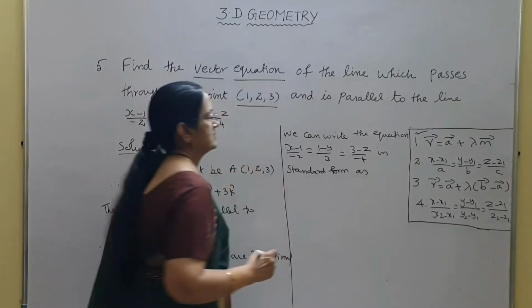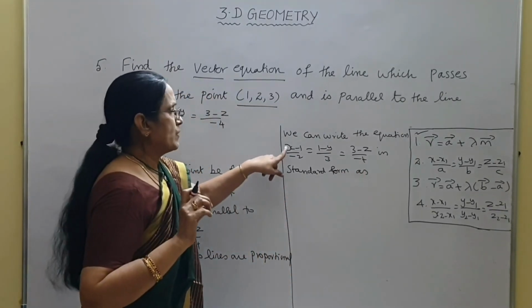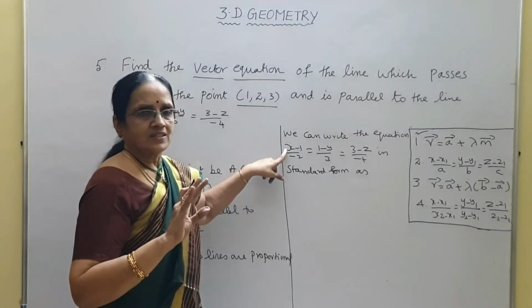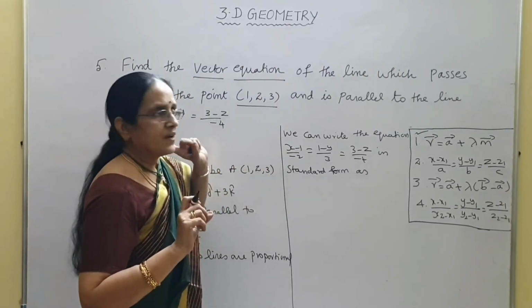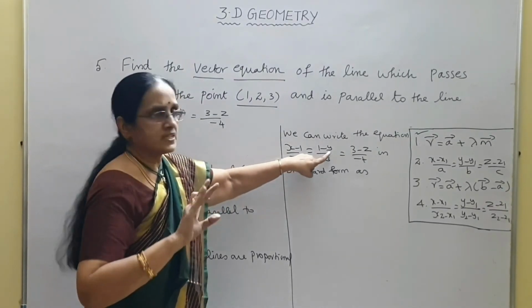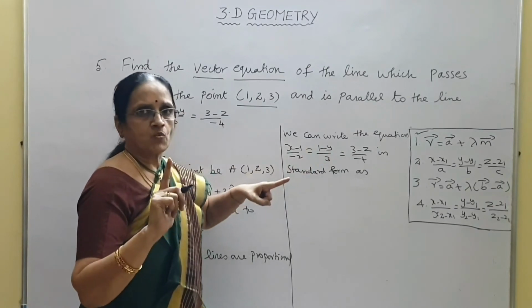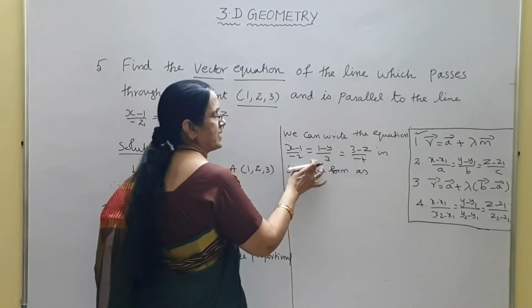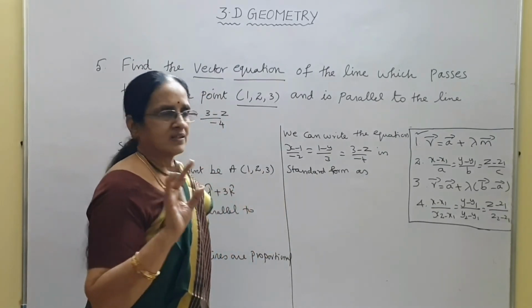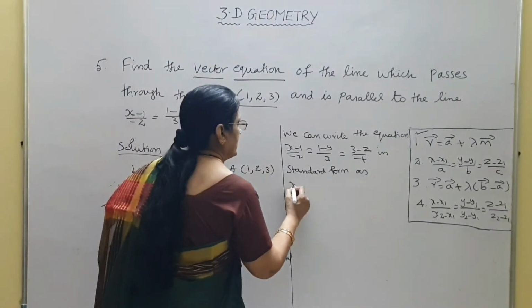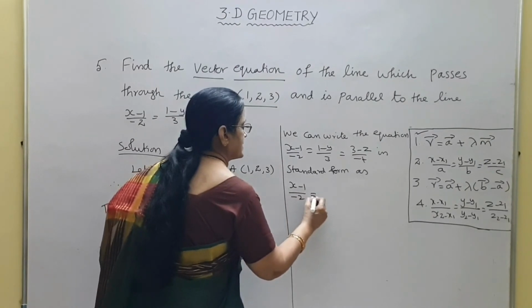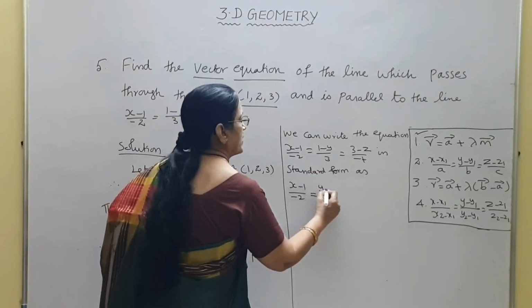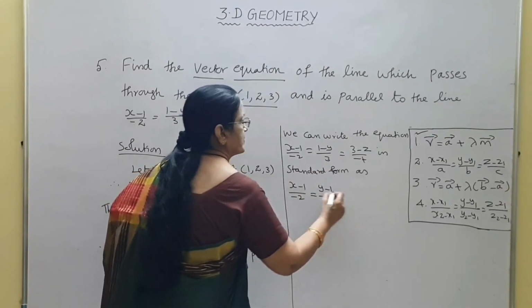See, the coefficient of x here is 1, so we can just leave it. Whereas here the coefficient of y is not 1, you have to make it 1. So multiply the numerator and the denominator by minus 1. What will you be getting? (x minus 1)/(minus 2) will remain as it is. Here it will become (y minus 1)/(minus 3).